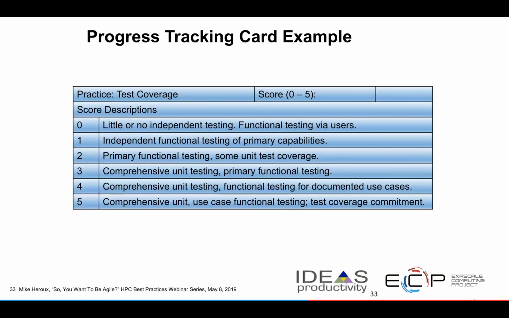They may do some functional testing, but the users actually do it for them. And what they'd like to do is move in a steady way towards better and better both functional and unit testing, and see the value and the improvement as they go along. And that's the role of the progress tracking card.